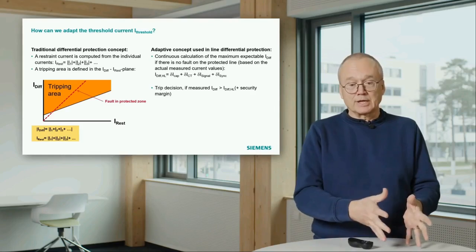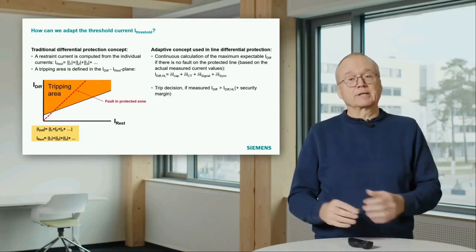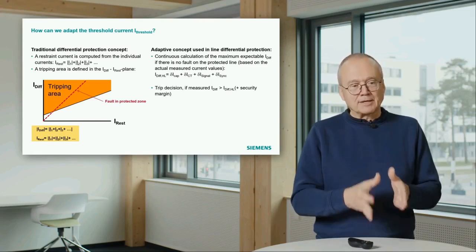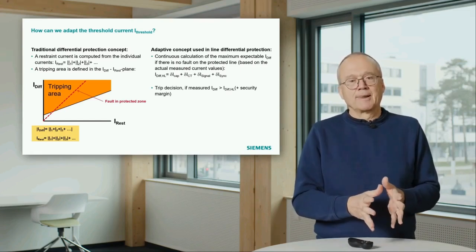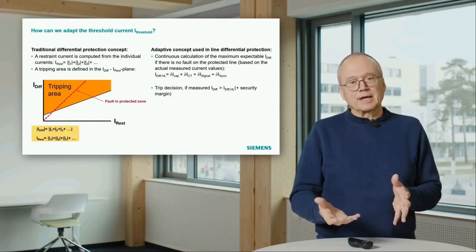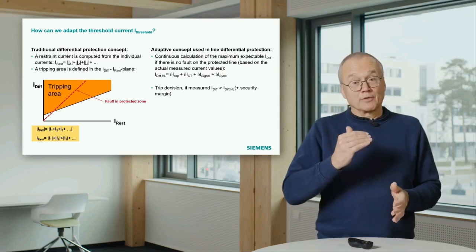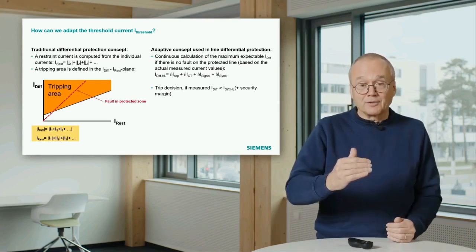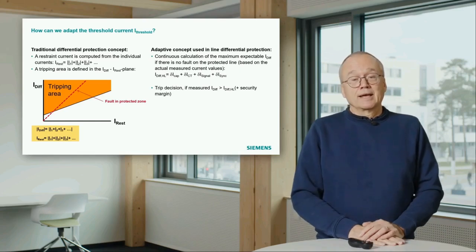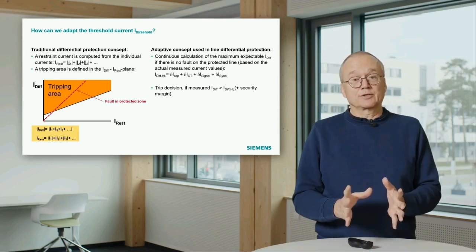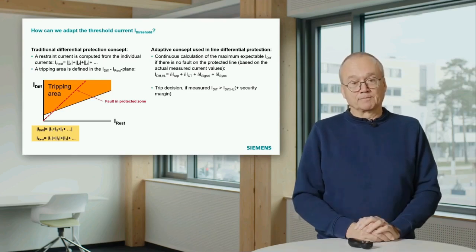It can be a load state, it can be an internal fault, it can be an external fault. In this state, what can be the maximum differential current we can have? Add a little bit of security to that, and if we then calculate a differential current which is higher than this value, then we say it must be a short circuit in the protected zone, then we trip.